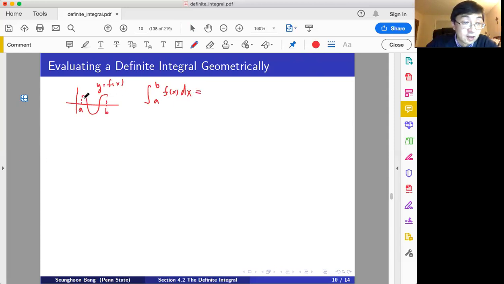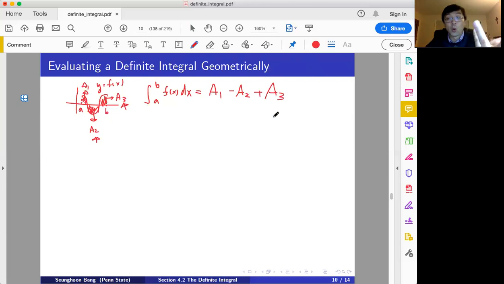You need to find this area first, we write A1. Find this area, A2. Find this area, A3. Above the x-axis, positive. Below the x-axis, negative. Above the x-axis, positive. This is the whole idea for finding area. Above the x-axis is positive area, below the x-axis is negative area, so we call it the net area. It's a geometric method for solving problems.